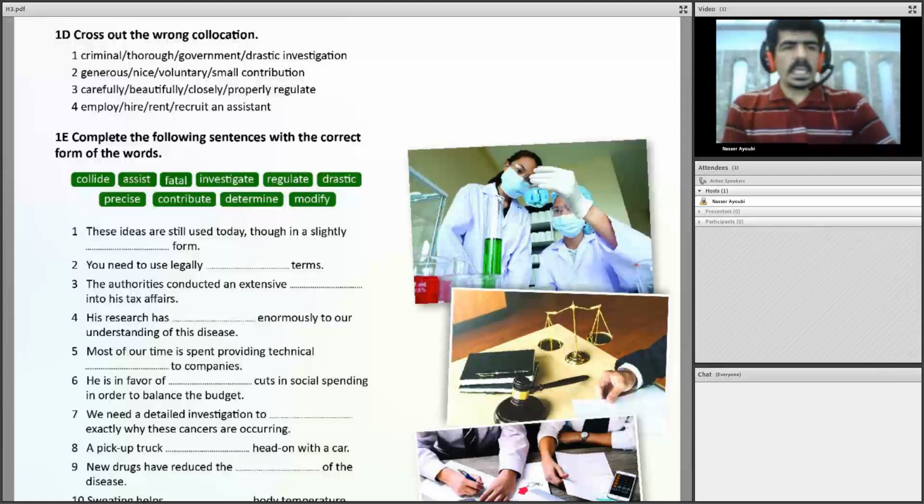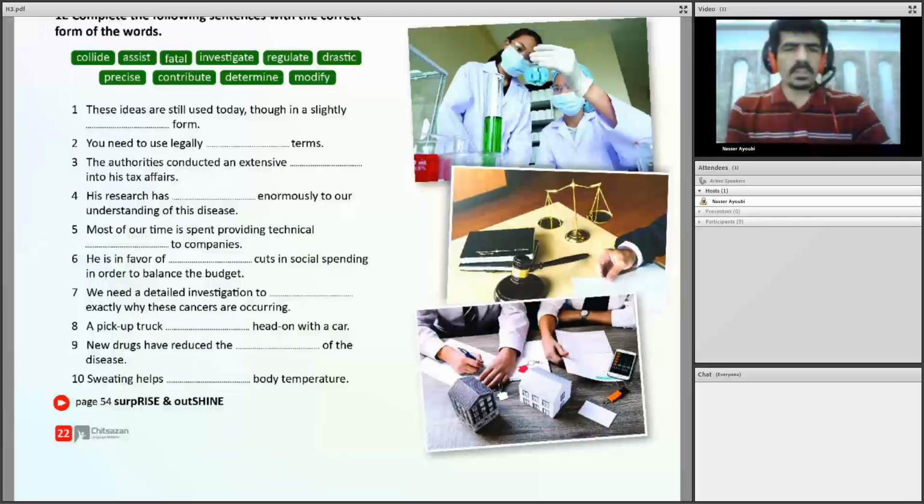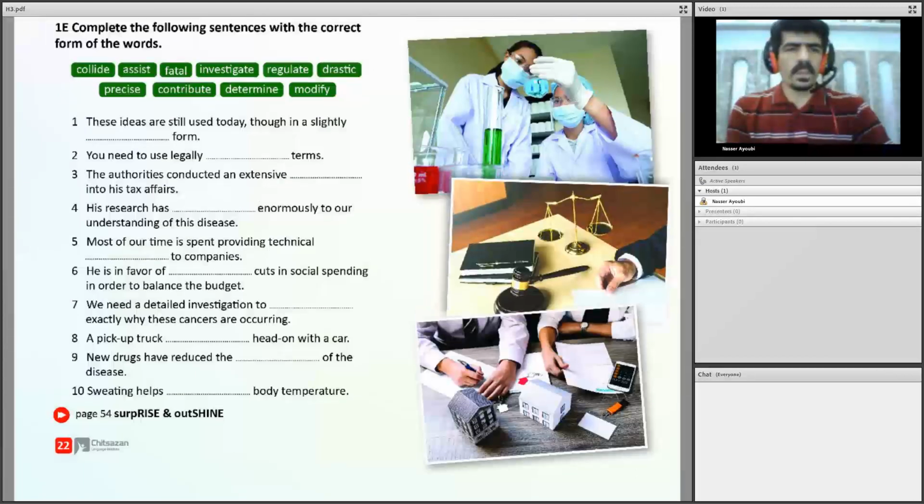Part 1E. Complete the following sentences with the correct form of the words. Number 1. These ideas are still used today, though in a slightly modified form. Number 2. You need to use legally precise terms.